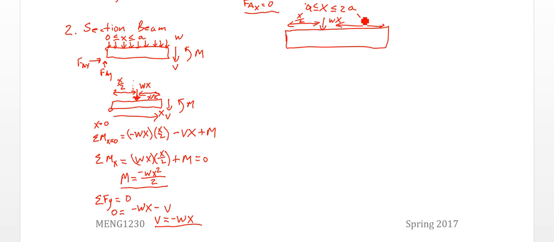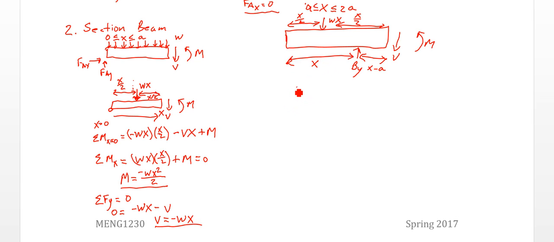I didn't quite draw it that way, but you can bear with me. I'm going to have By at this point. Here's my shear, my moment. So on this side, I have x minus A. And this side down here, I have x. If I still had an A reaction, I'd show that on this.